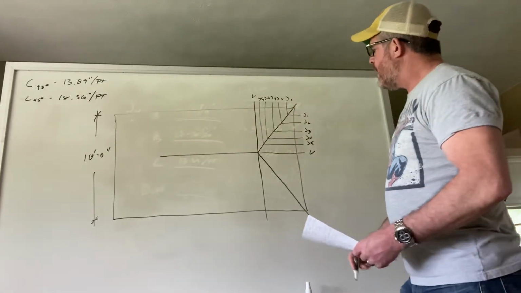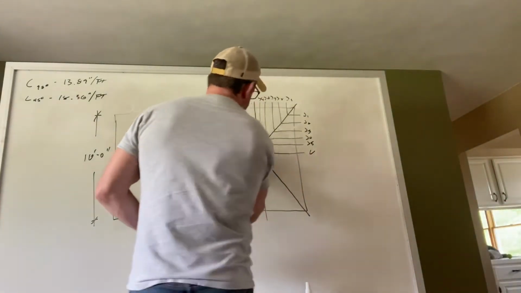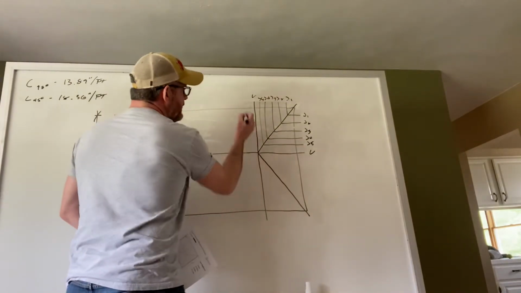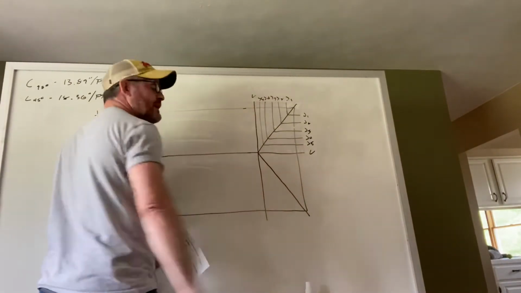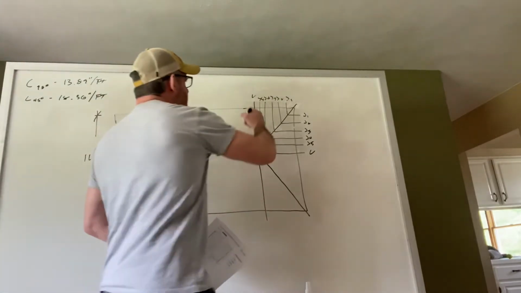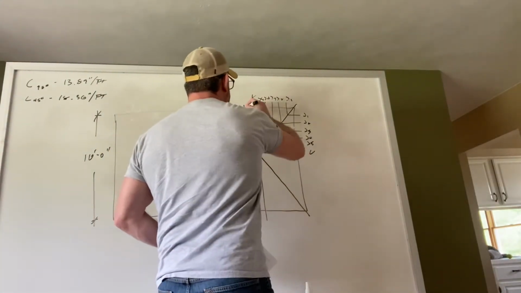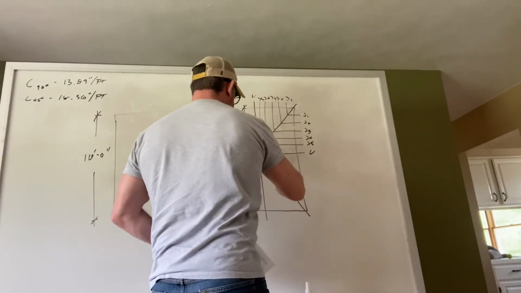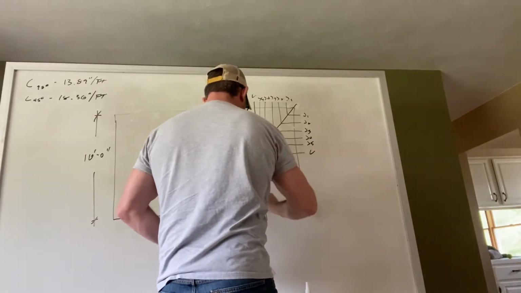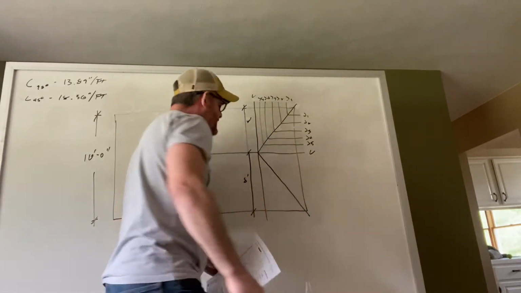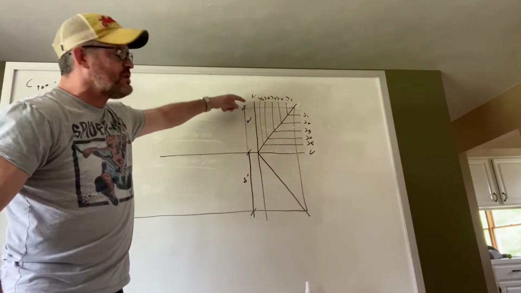If I'm looking at my common, my horizontal run, or half my span, is going to be from there to there. Again, 16 feet, half of that is 8 feet. Same thing here, 16 feet, half of that is 8 feet. I should be able to see that geometrically.